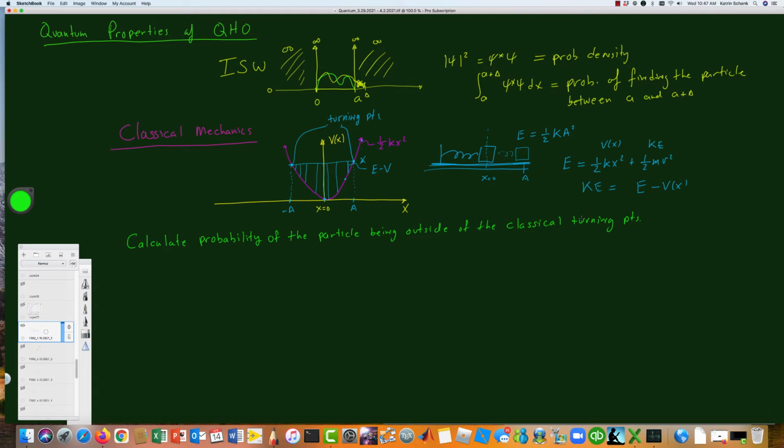Okay, so in a region in which it's really not allowed in classical physics. So let's just think classically though, right now. We're going to think as if we're calculating this for a classical particle.